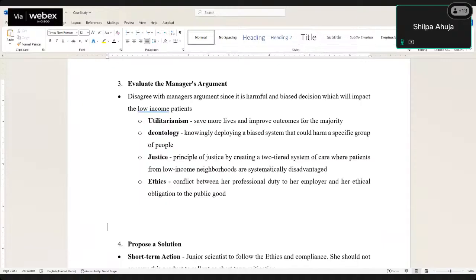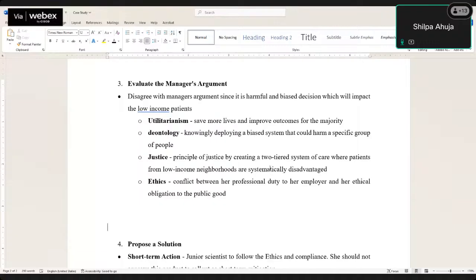From a utilitarianism perspective, if we look at the broader aspect, it looks like we'll be able to save more lives and improve outcomes for the majority of the population, which is in the high income neighborhoods. But at the same time, from the aspect of principles of justice and ethics, there has to be a clear distinction drawn between the low income neighborhood categorization and high income neighborhoods displaying the same symptoms.